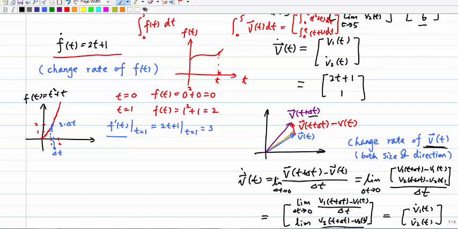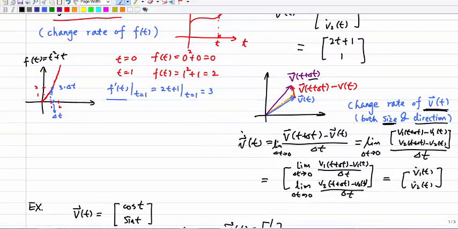The only difference is that this is a vector, so it tries to capture the change rate of v(t) in terms of both magnitude and direction, while the scalar one only talks about magnitude. That's the difference. If I give an example over here, v(t plus delta t) is this purple one, and v(t) is the blue one.